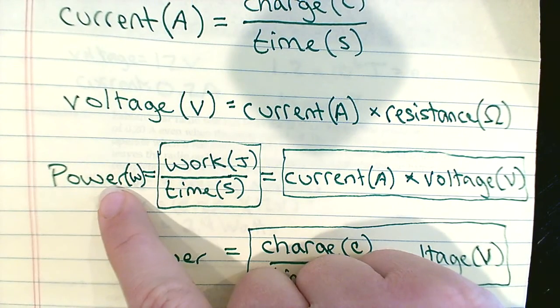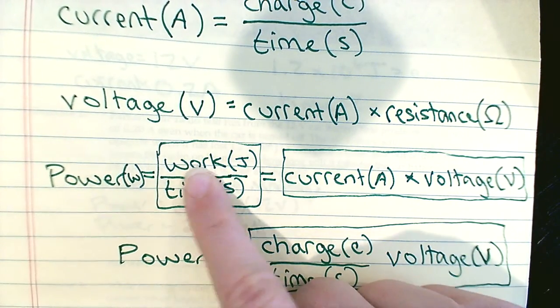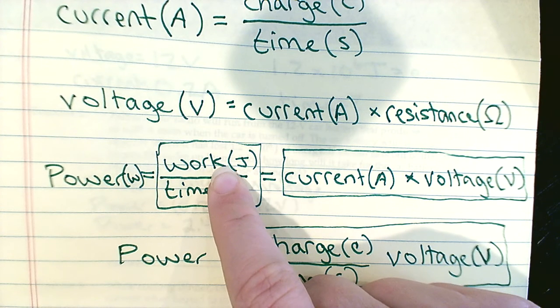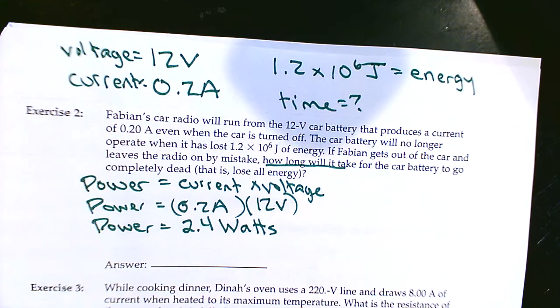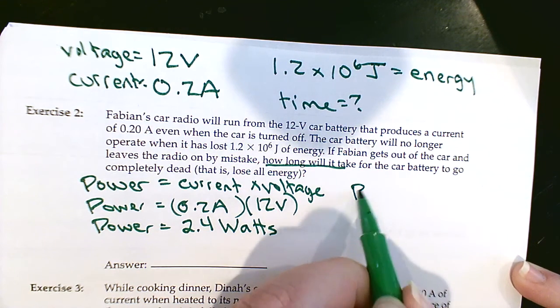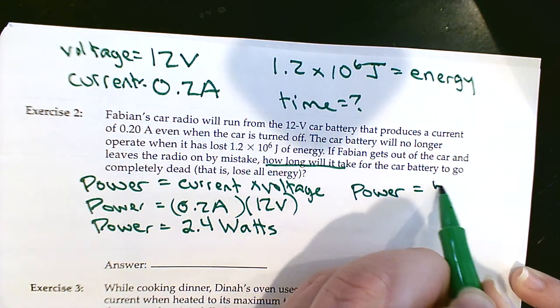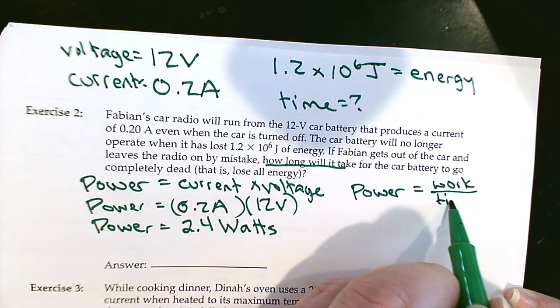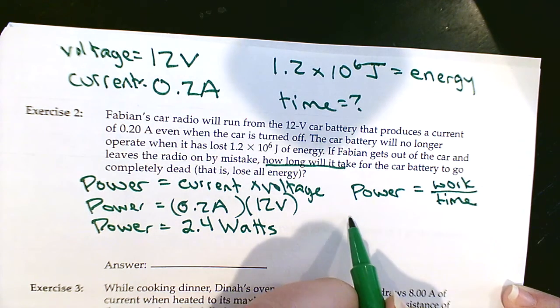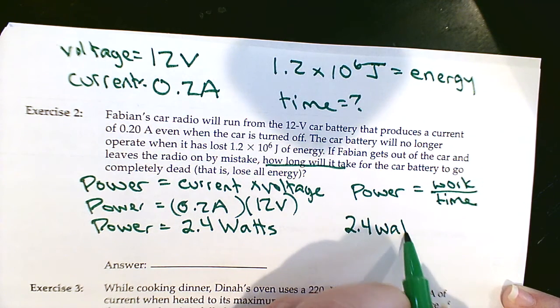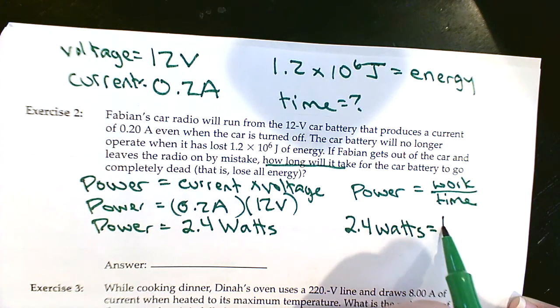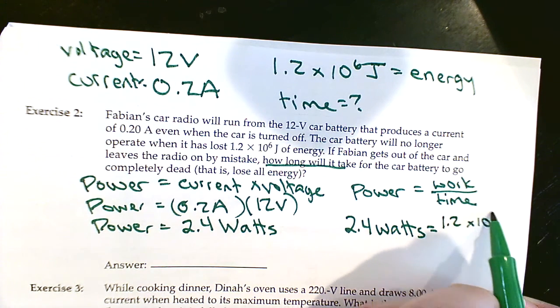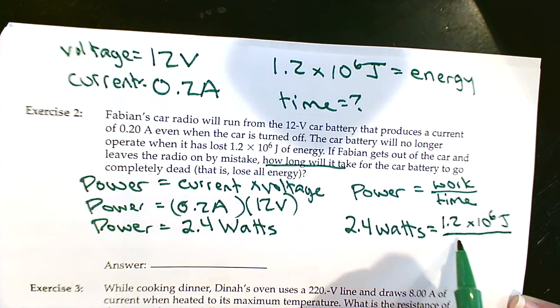Now we know power, and we know the work done, the energy that is being drained from his car battery, and we're trying to find time. So we have power equals work divided by time. So I can go 2.4 watts equals the work done, that's the energy consumed, 1.2 times 10 to the 6 joules divided by time.